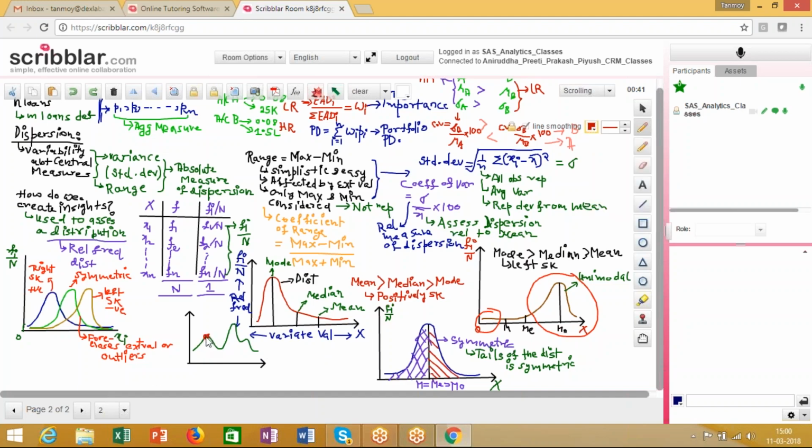This is one point, this is another point, this is another point. So this distribution is therefore called a multimodal distribution.